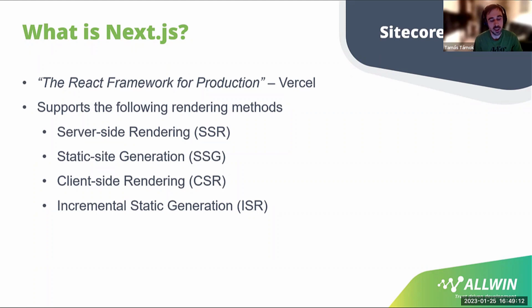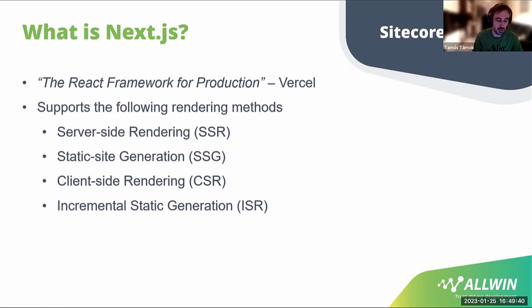The next one is client-side rendering. Here the actual HTML is not rendered on the server side, it's rendered in the browser. We have some API calls to get the content, and the DOM changes and the putting together of the HTML run on the client side.